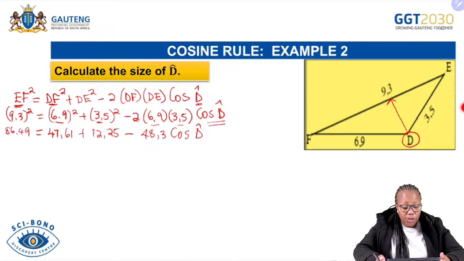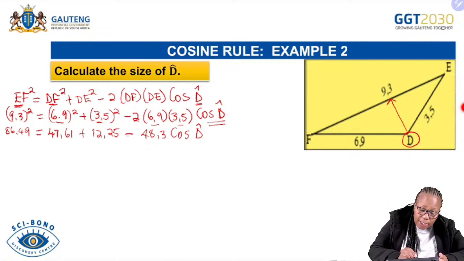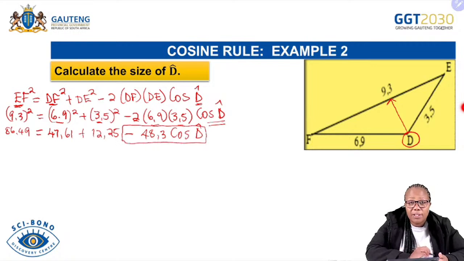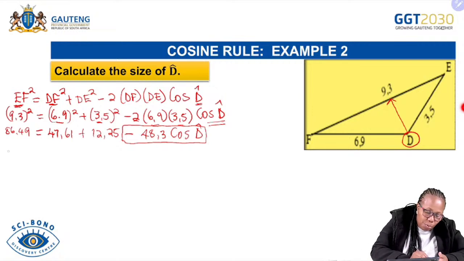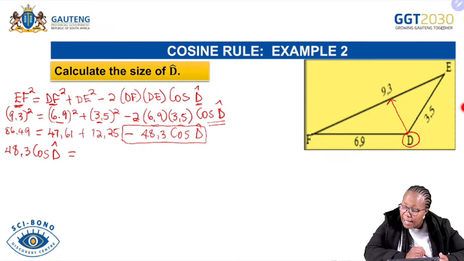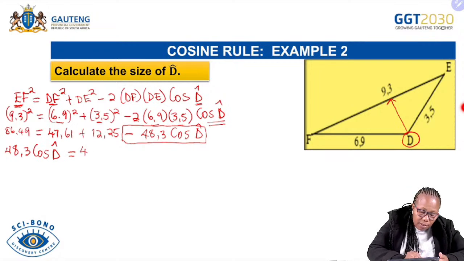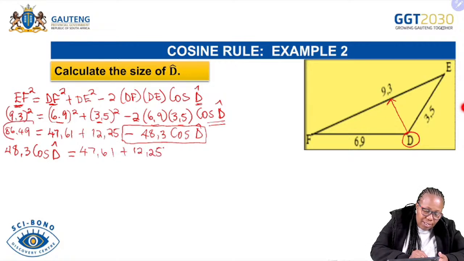Okay, look at that, grade 12. Then I am going to take this part here with the minus 48 and transpose to the left. Therefore, it will change its sign to positive 48,3 cos D. So on the right hand side, I am left with the 47,61 plus 12,25. I am also taking this 86,49 to the right now.